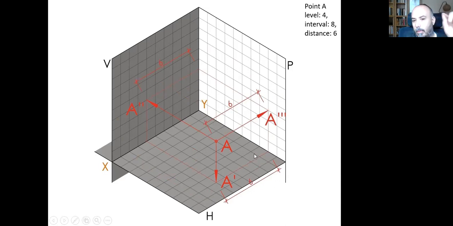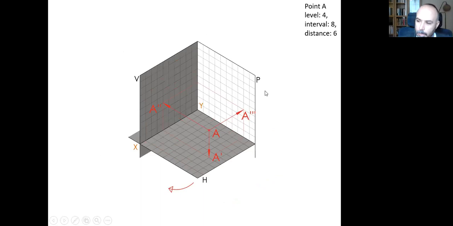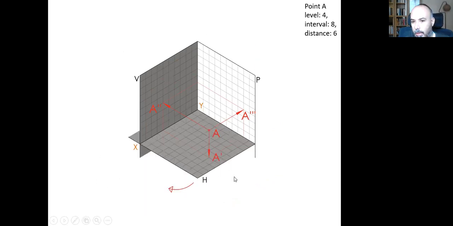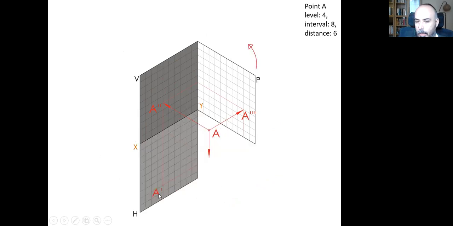So now we can start to open the system to create the pair of Monge. First, we need to rotate the horizontal projection plane along this line by 90 degrees. And when we rotate it, as you can see, A prime is rotated with the horizontal projection plane.